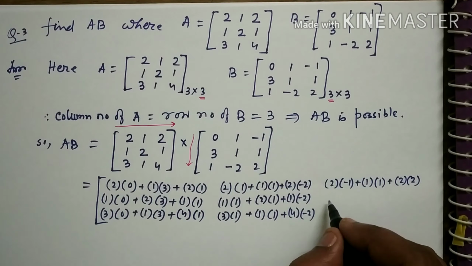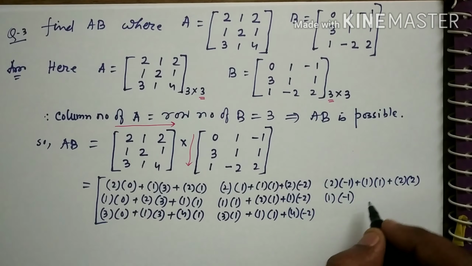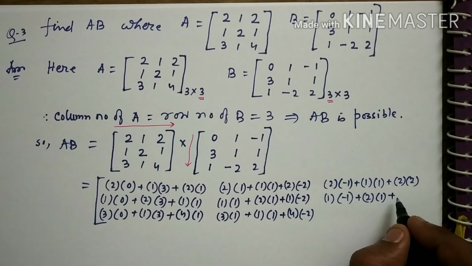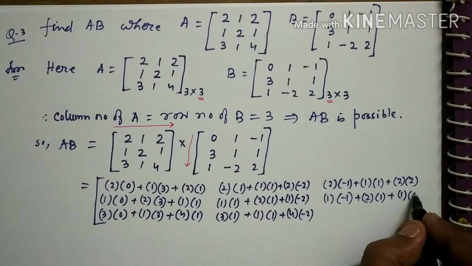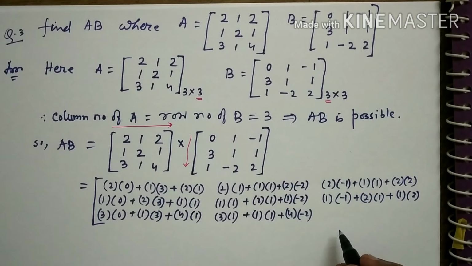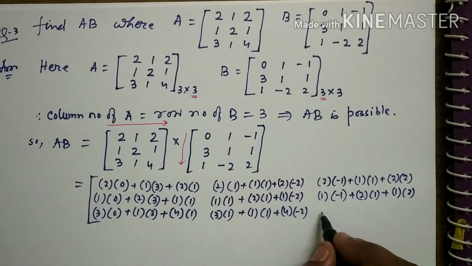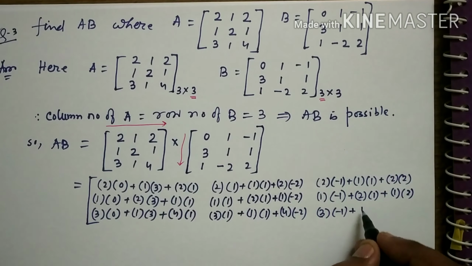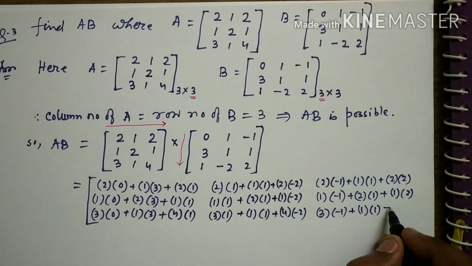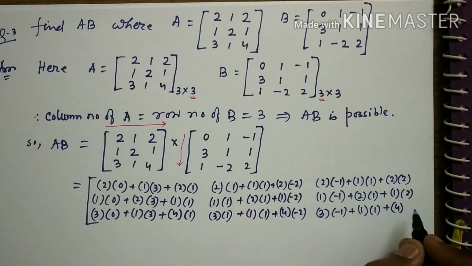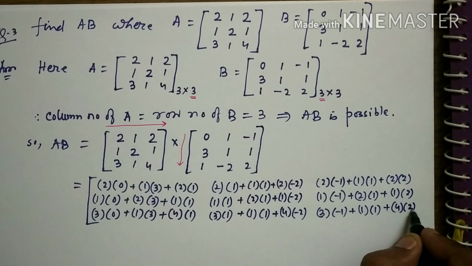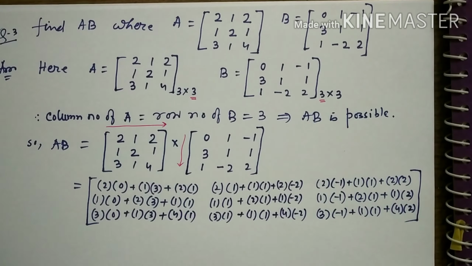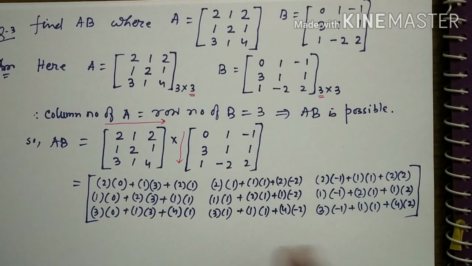Second row, third column: 1 into minus 1, 2 into 1 plus 1 into 2. Next, 3 into minus 1 plus 1 into 1 plus 4 into 2. Okay, so this is the main part.